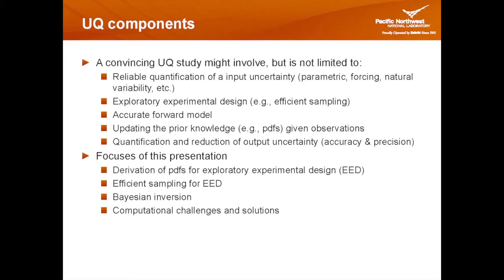I'll focus on how to derive probability density functions, how to derive your uncertainty measure. And then why we use efficient sampling, how efficient sampling can be used for our ensemble experimental design.